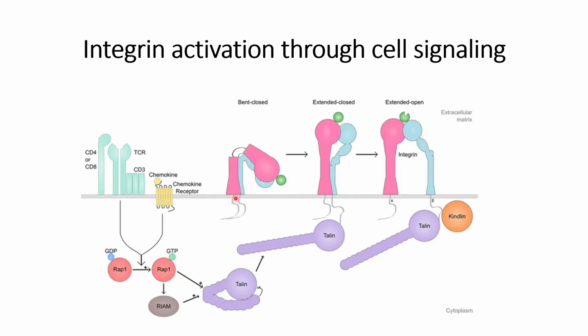Integrin without intracellular signaling activation is generally in bent closed form, and once this talin interacts with this beta subunit of the integrins, it will change the conformation from bent closed to extended closed. However, the ligand binding domain is still not active.